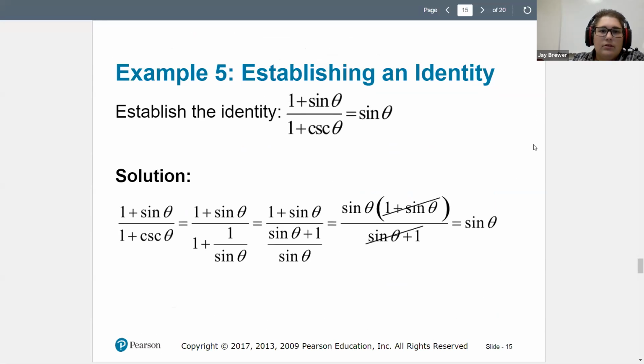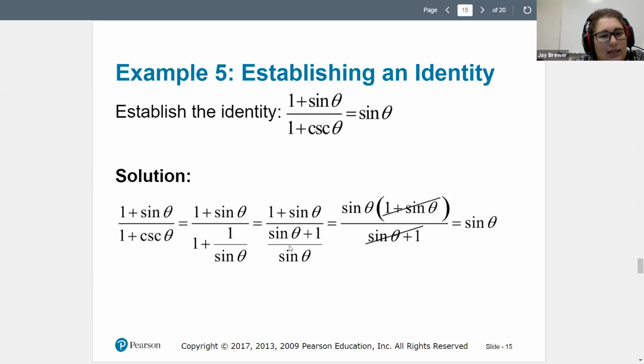Okay. So example 5, establishing an identity. So they want us to go through and figure out why 1 plus sine theta over 1 plus cosecant theta equals sine theta. Well, look at the technique they used. Right away, they changed everything into sine theta, right?